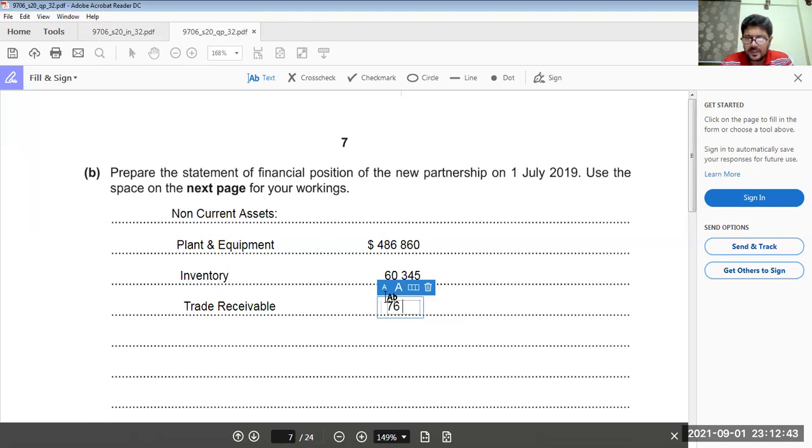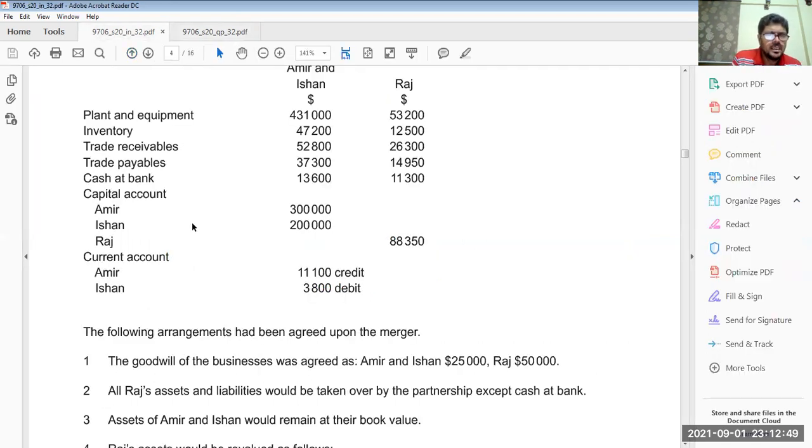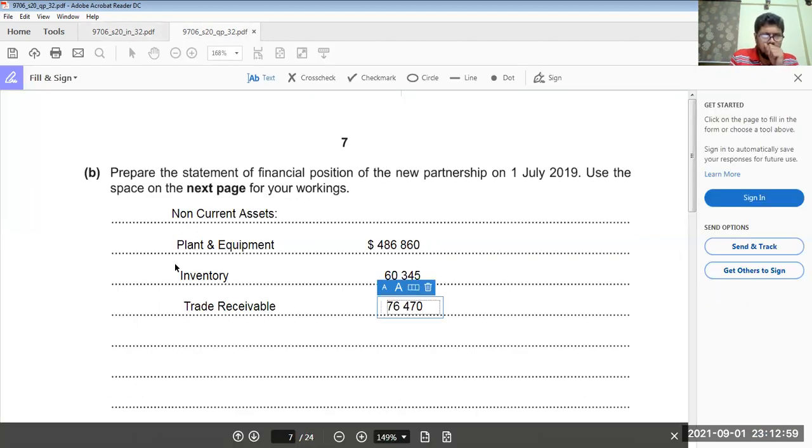Done. Now move to, just reflect, it's a liability. Plant and equipment was assets, current asset. Sorry, class.